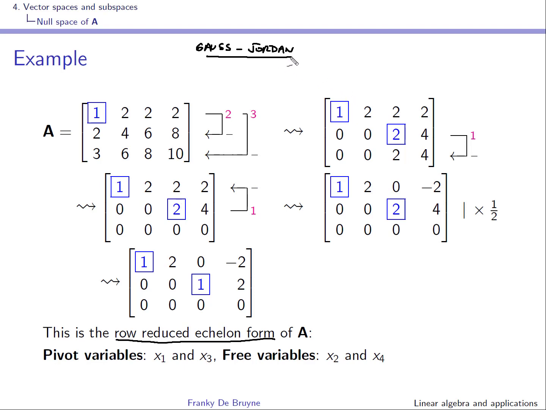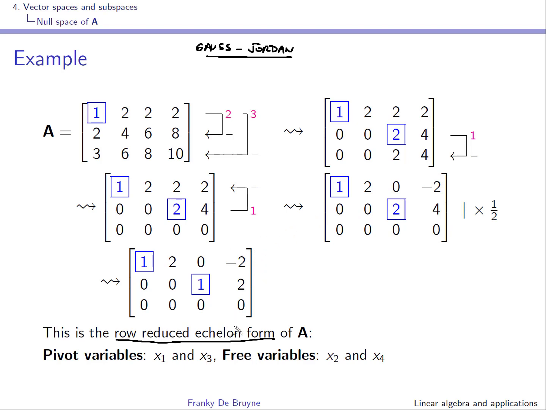Gauss-Jordan says that you have to create zeros above the pivot, so we have to perform this operation with a multiplier 1, entry divided by pivot, so it's a 1 over here. So here we arrive at this form with pivots 1 and 2, and we can go to the final form where we divide by the pivots. Here we have a pivot 2, so we divide the whole line by 2.